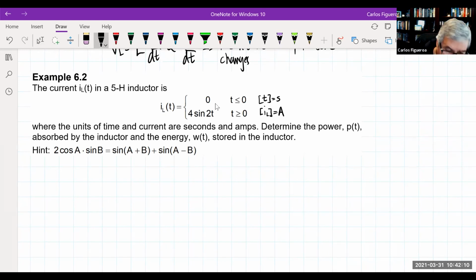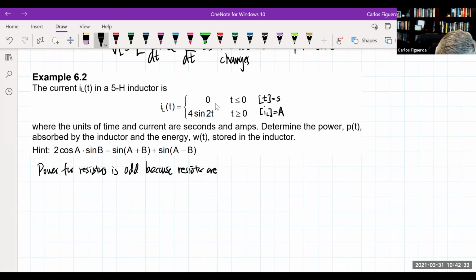The first thing we do is always calculate power the exact same way. Power for resistors is odd because resistors are linear.